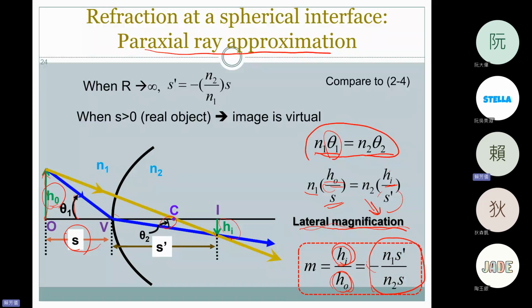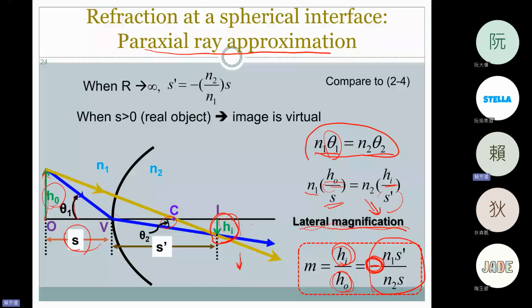So why do we get the negative sign here? Because the real image is inverted, downward. We use the negative sign to represent that the image has a different direction from the object.